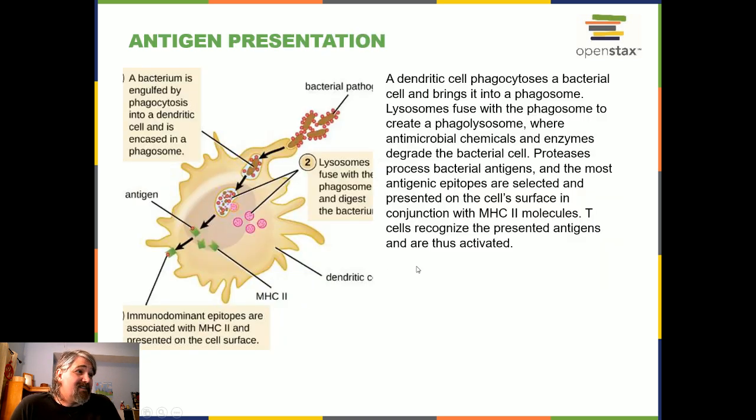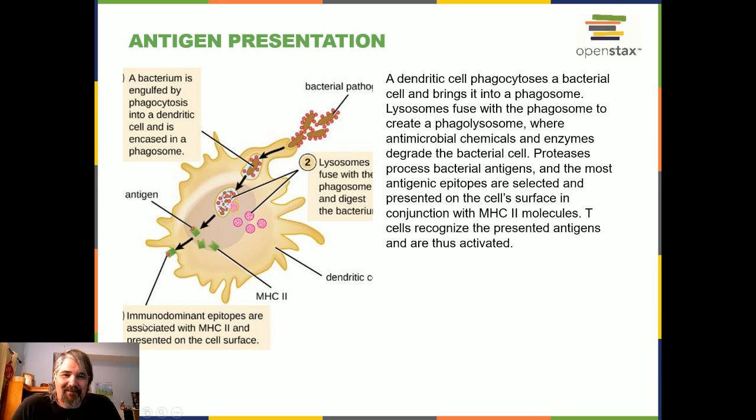Now antigen presentation, talking about MHC class 2. We have the pathogen that's been opsonized, and assuming that it doesn't have an escape mechanism, it will be digested by the cell, because you remember lysosome fusion, right? The immunodominant epitopes that are associated with MHC class 2 are presented.